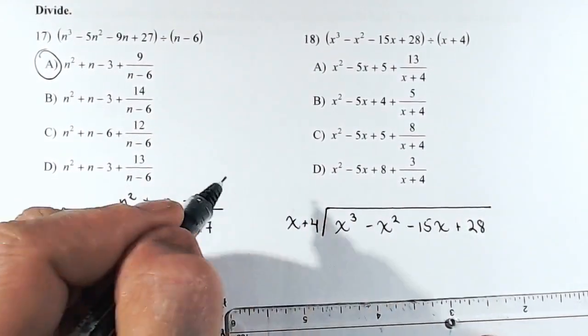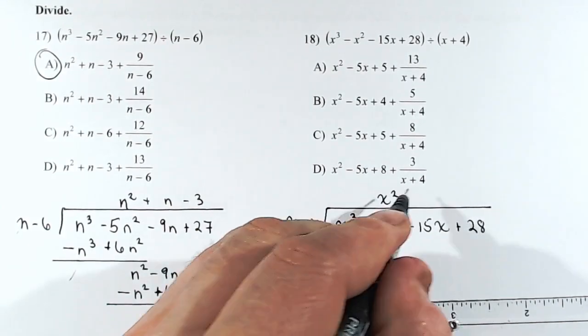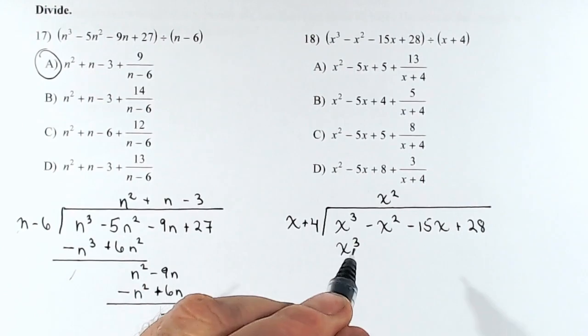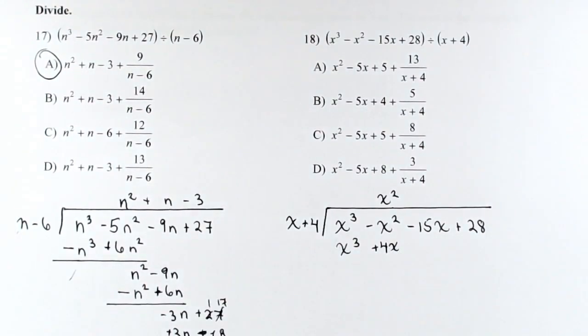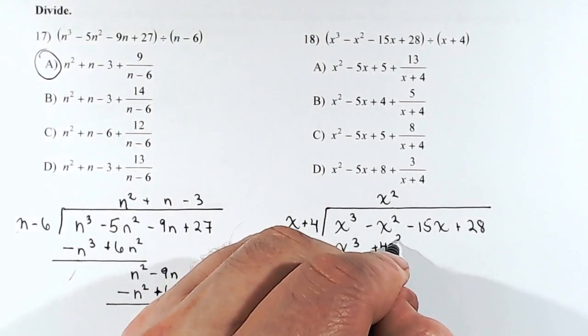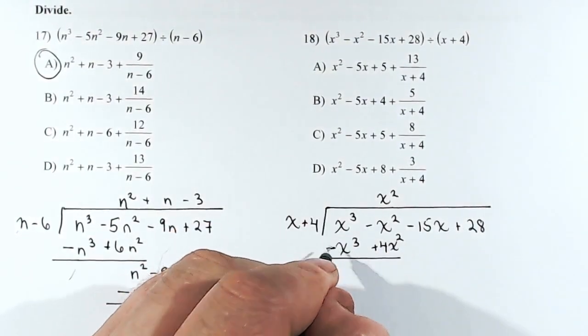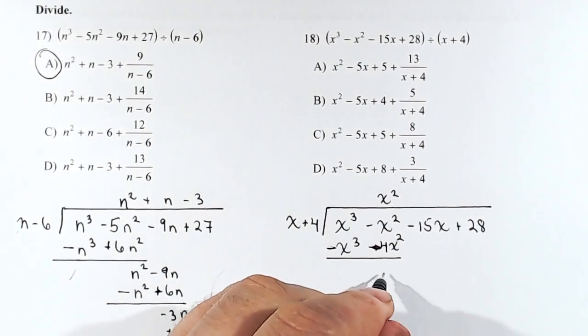So you'd have to multiply x squared times x to make x cubed. x squared times x is x cubed. x squared times 4 is plus 4x squared. And now I have to change the signs and add. So these cancel, and now I have negative 1x squared minus 4x squared, and that gives me negative 5x squared.